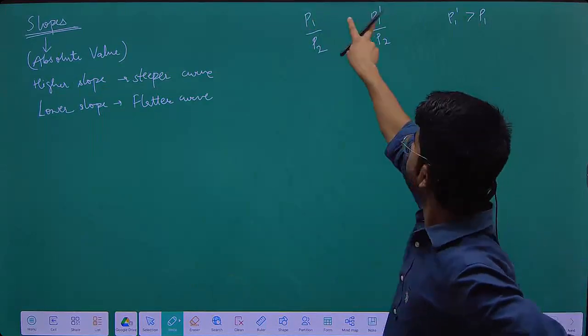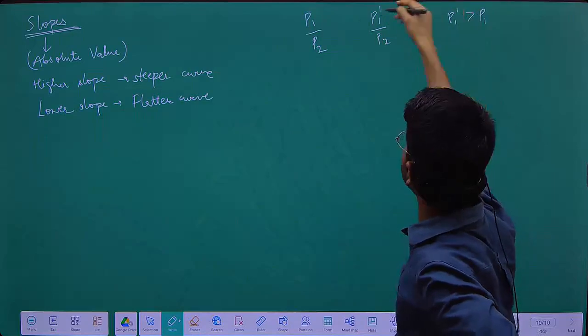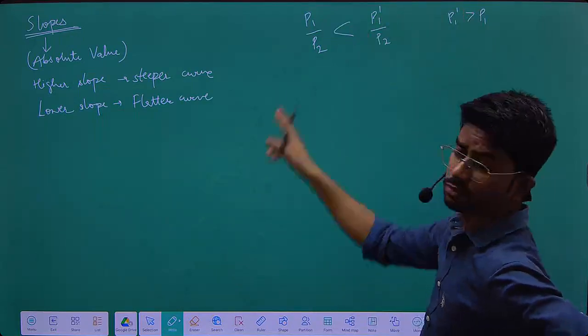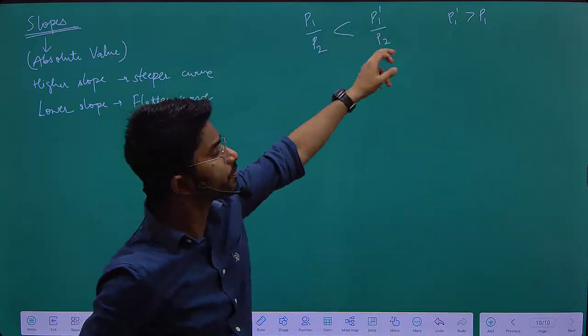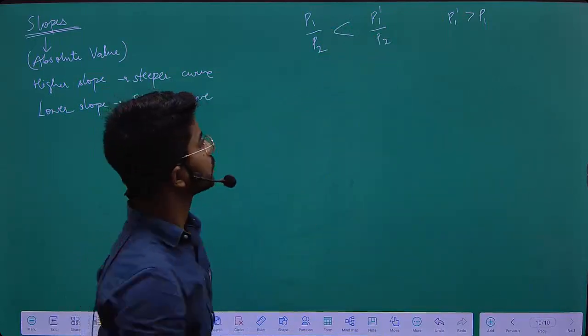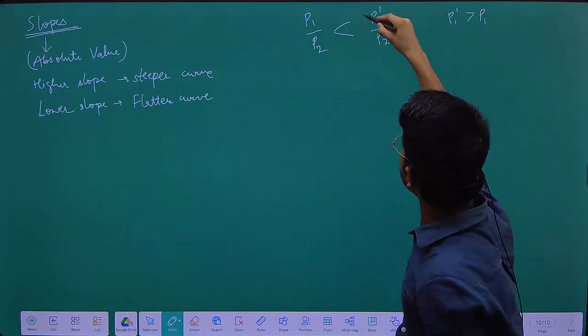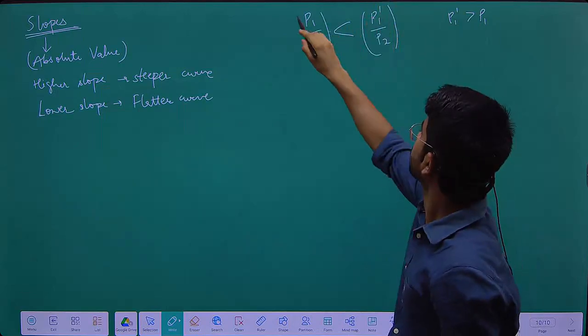So if P1 dash is greater than P1, this will be the relationship between these two fractions. That means P1 upon P2 would be less than P1 dash upon P2. Okay. So if this is the case, this has higher value than this.